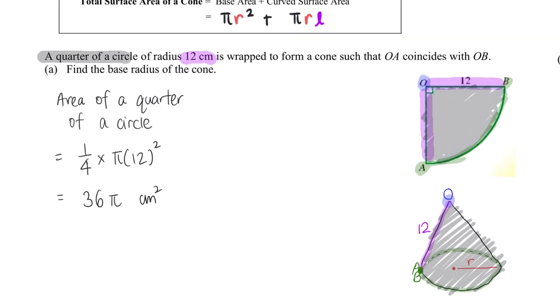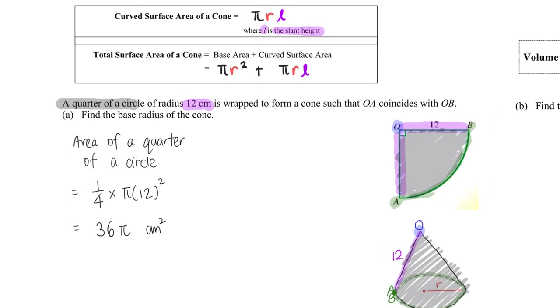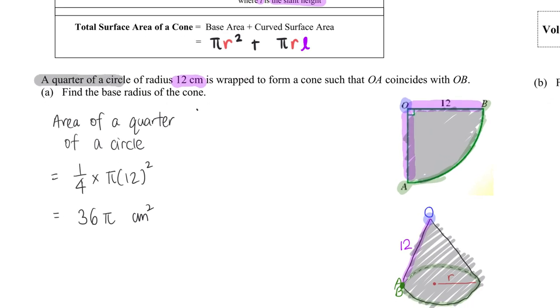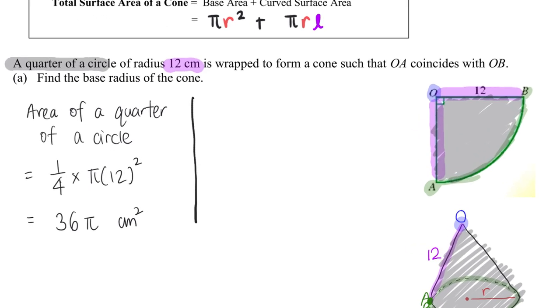And we all know the curved surface area is equal to pi r l. And therefore, from here, I would then be able to gather the following. So pi r l will be equal to this 36 pi.